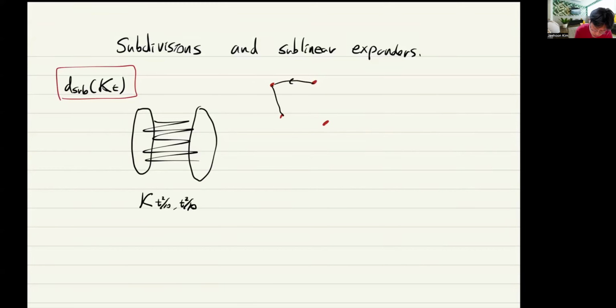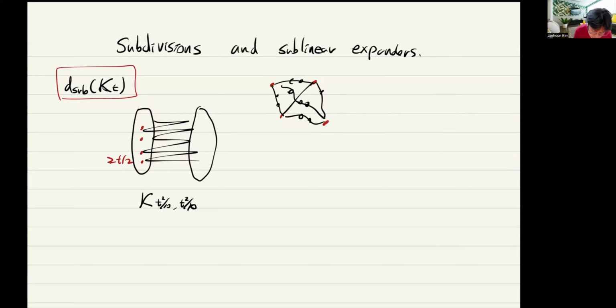It's like paths between these vertices, and the vertices with degree at least 3 are the branch vertices. There must be some branch vertices here. We don't know how they are distributed, but at least half of them should be on one side. So at least T over 2 branch vertices should be here.